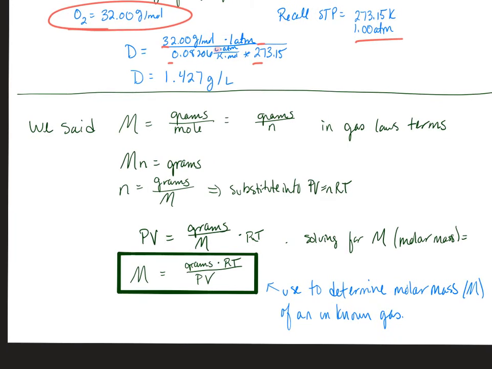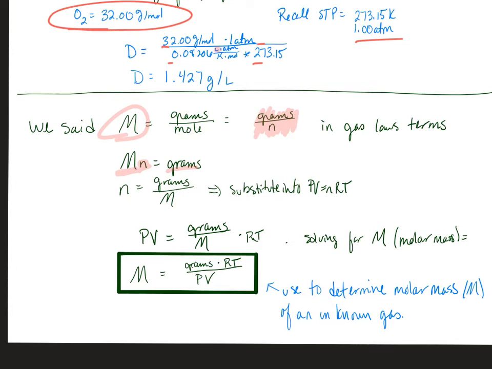Okay, so the same way we just said that molar mass is how many grams per mole we have, and that's the same thing as saying grams over n in terms of gas, right? Because n is the same thing as moles. We could say that this big M times number of moles is equal to grams, okay?